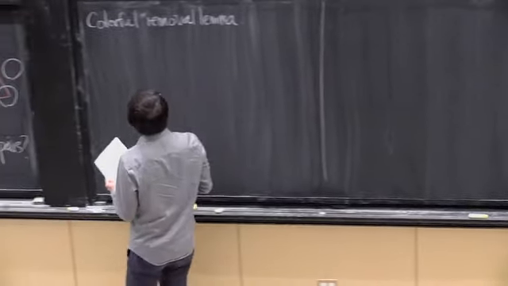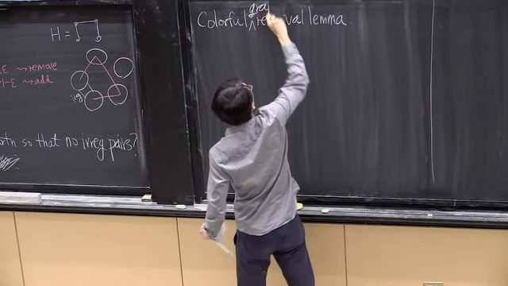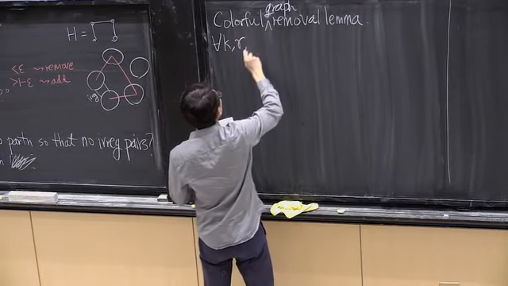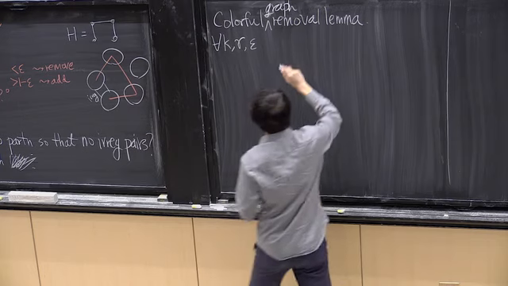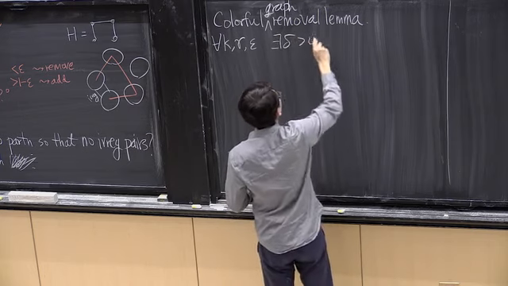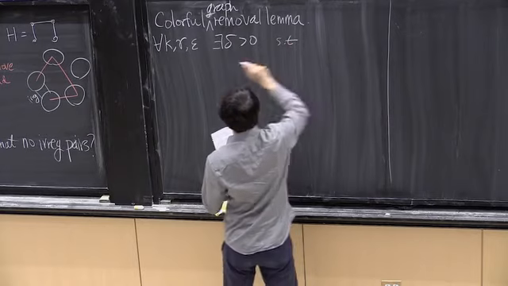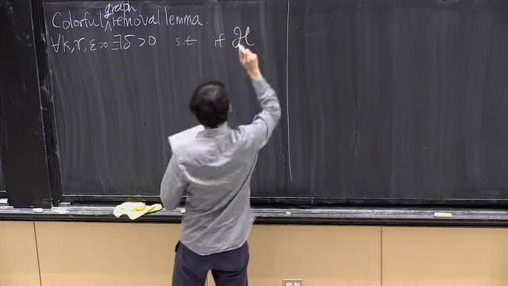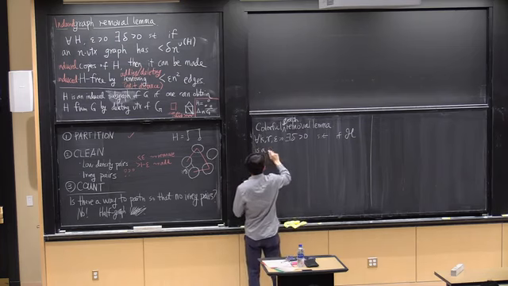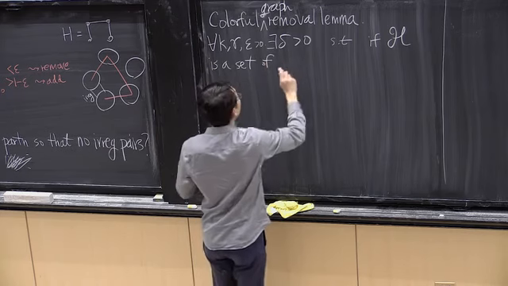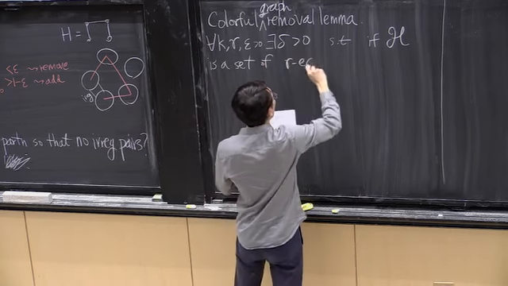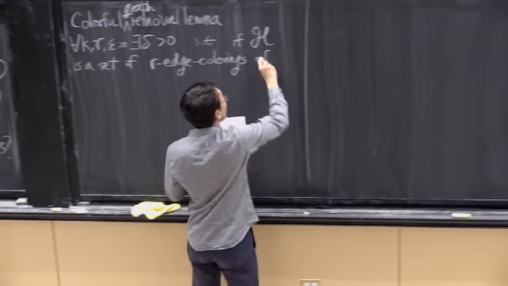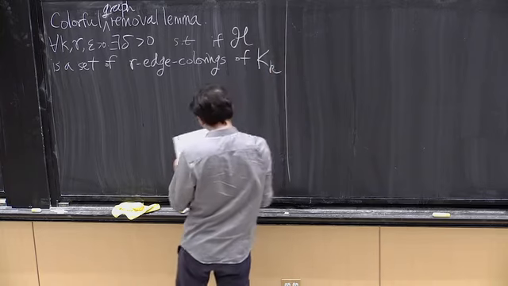Let's only talk about graphs. It's the colorful graph removal lemma. For every k, r, and epsilon, there exists delta such that if curly H is a set of r-edge-colorings of the complete graph on k vertices.